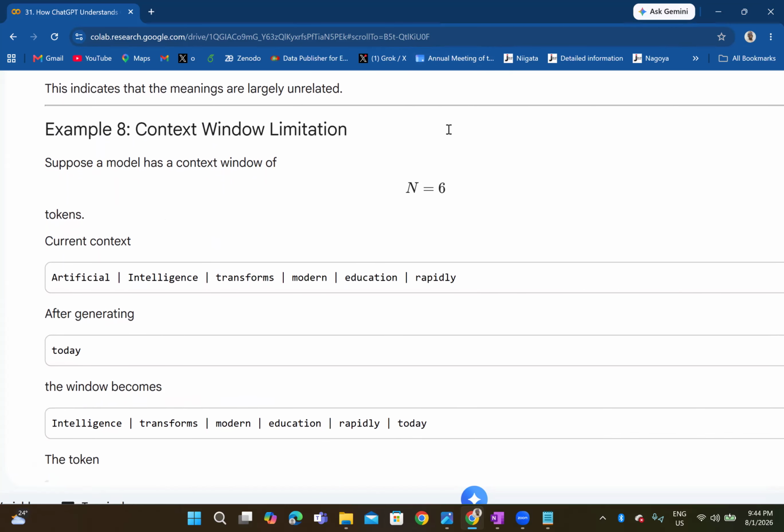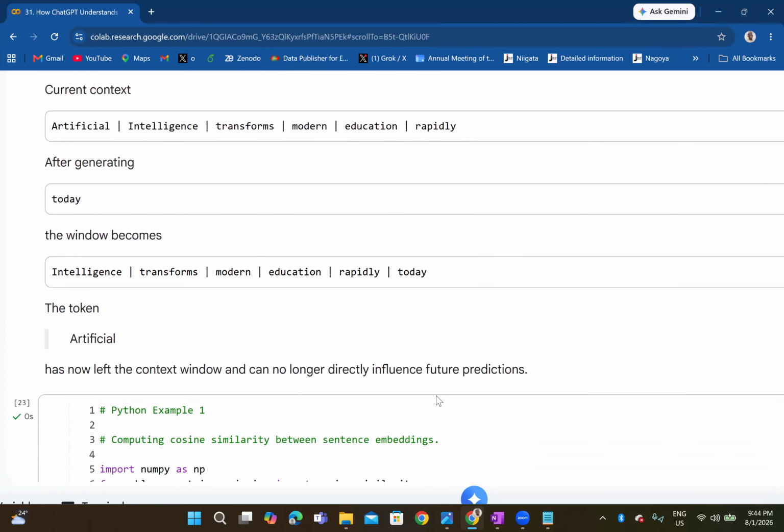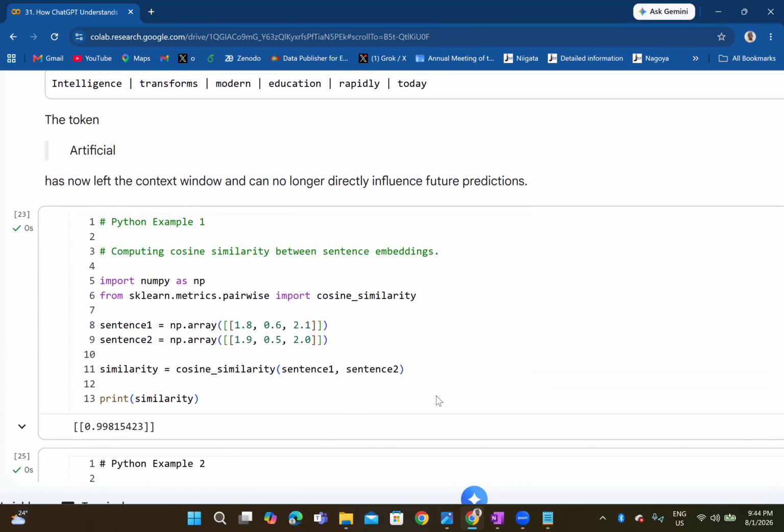Then we can talk about context window limitation. Suppose the model has a context window n equals 6 tokens. And then in the current context, you have "artificial intelligence transforms modern education rapidly". After generating "today", the window becomes "intelligence transforms modern education rapidly today", because this is pushed out and because this is saturated with 6. So the token artificial has now left the context window, and can no longer directly influence future predictions because it's gone from the context window.